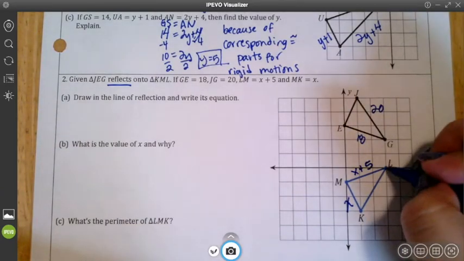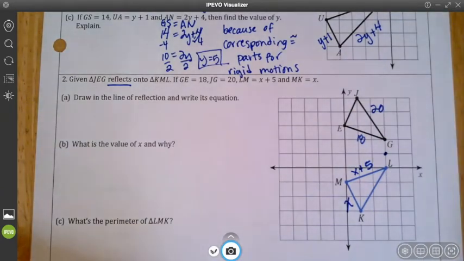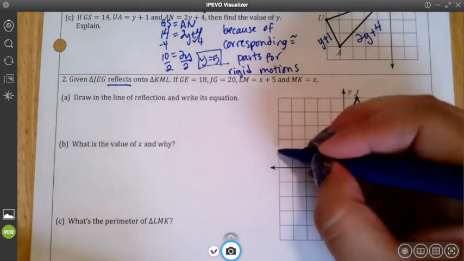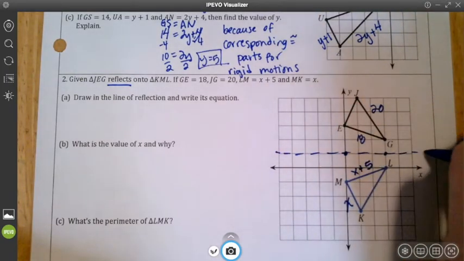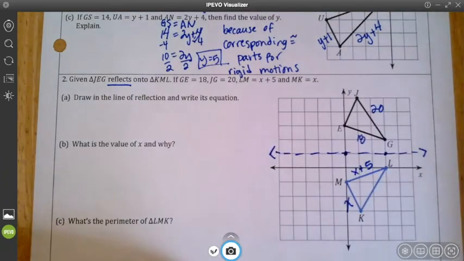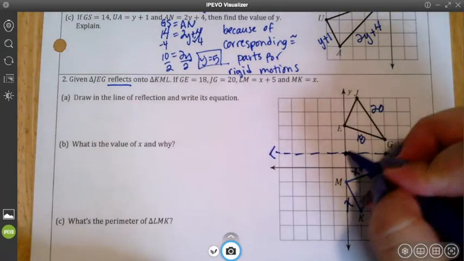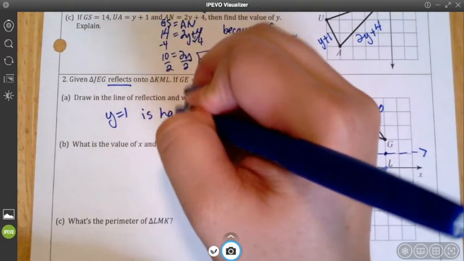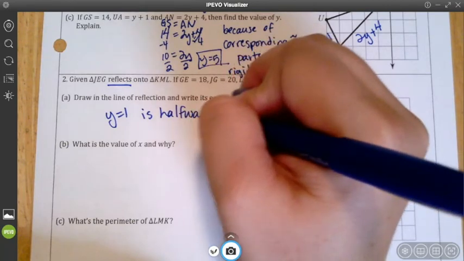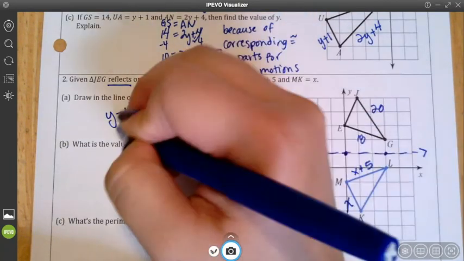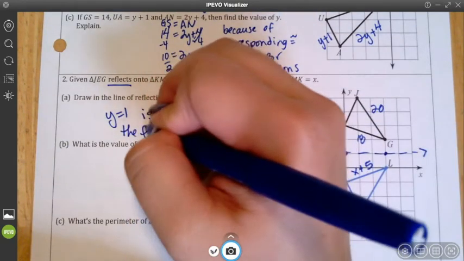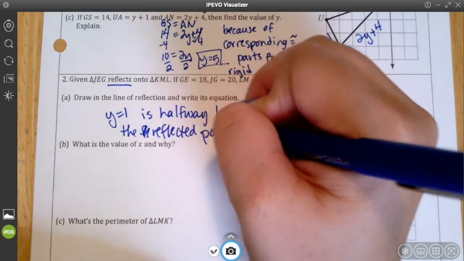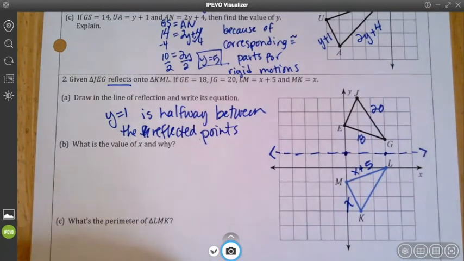So halfway between G and L is this point here. Halfway between E and M is this point here. So that gives us our line of reflection through those 2 points. So our line of reflection is at y equals 1, is halfway between the reflected points. What is the value of x and y?